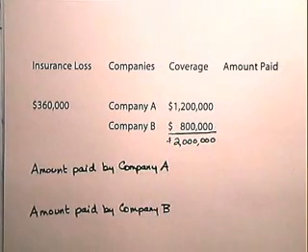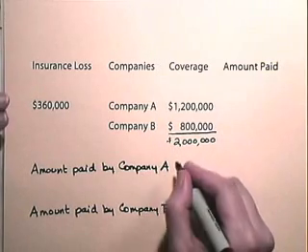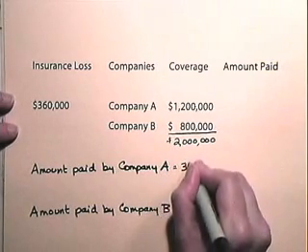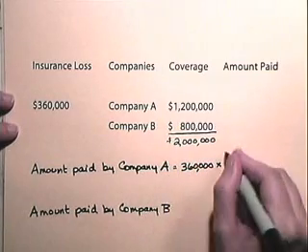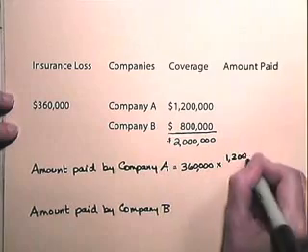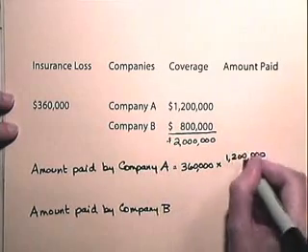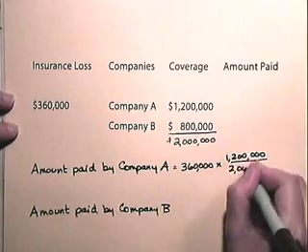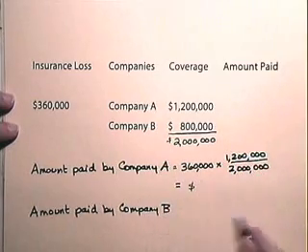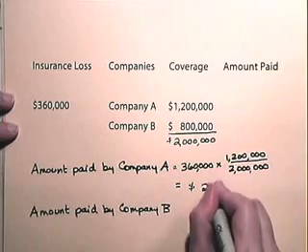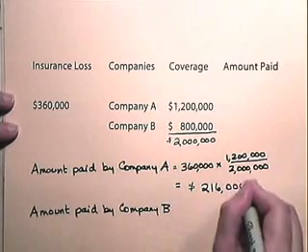So the amount paid by Company A is going to be the loss, $360,000, times $1,200,000 coverage out of the $2 million. And this value is $216,000.